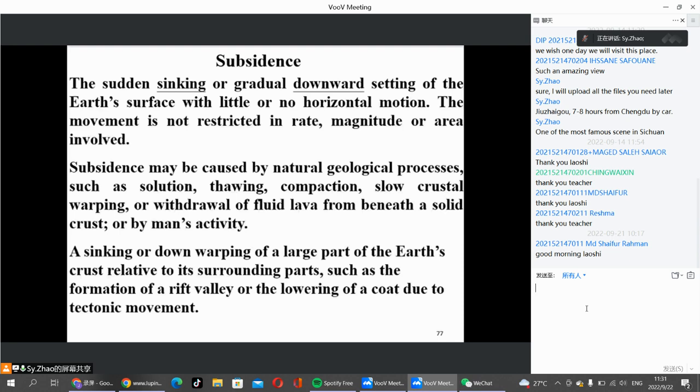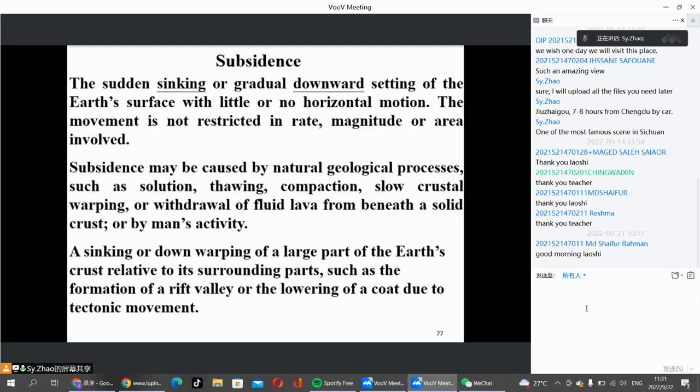Subsidence may be caused by natural geological processes such as solution, thawing, compaction, crustal warping, or withdrawal of fluid or lava from beneath solid crust, or by mass activity.